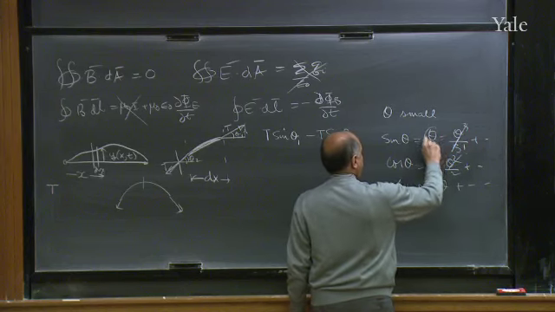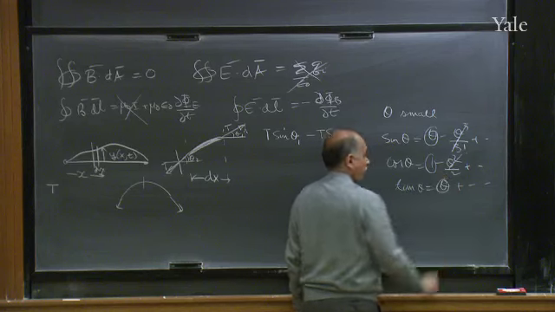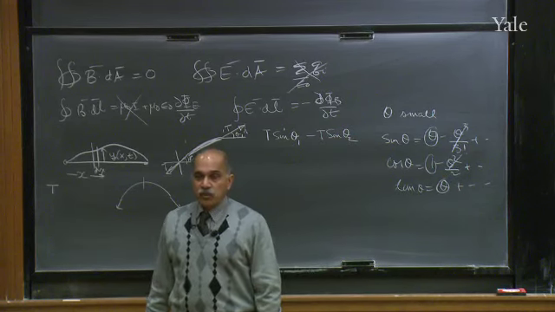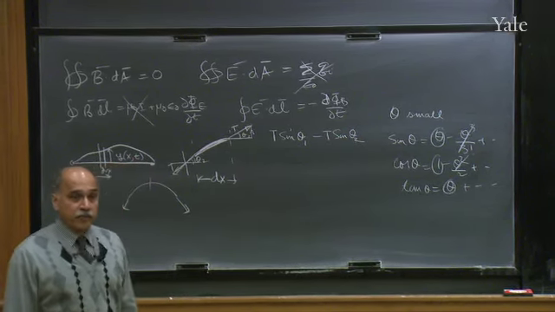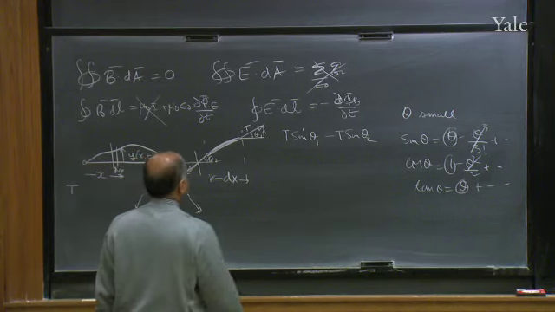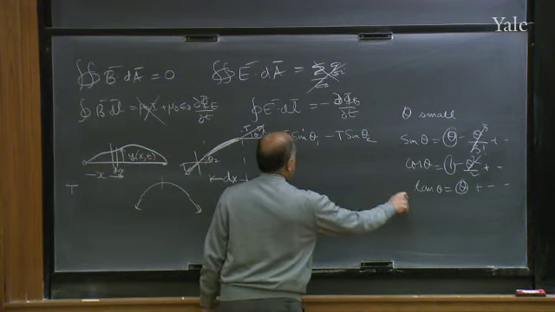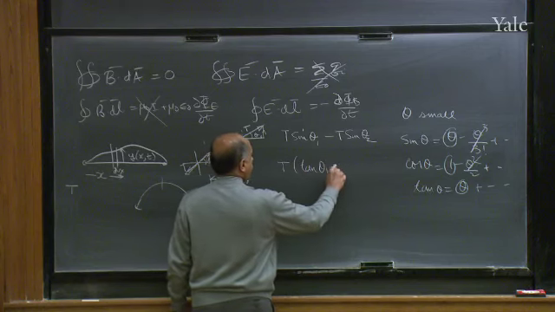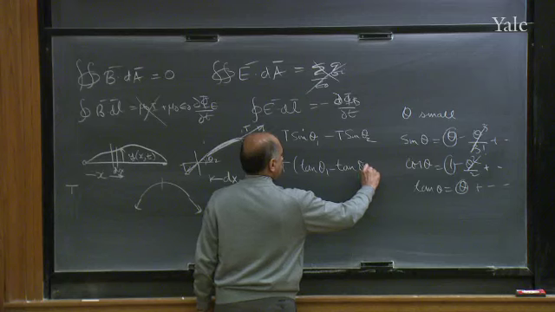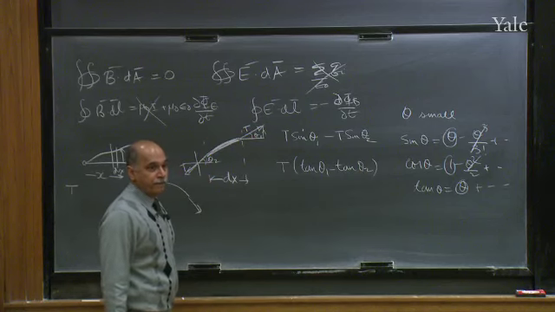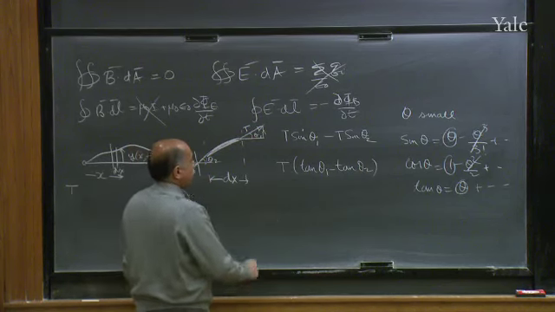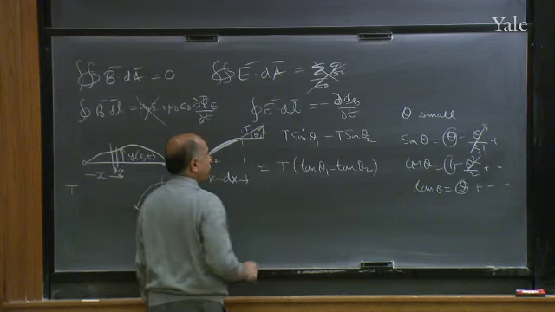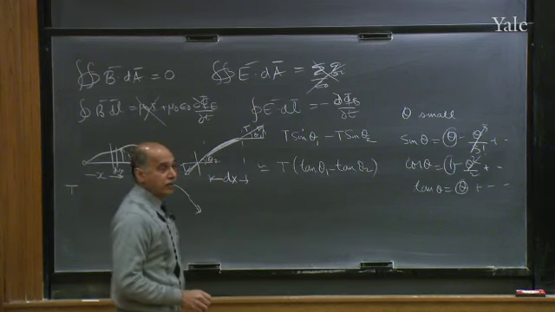You keep things of order theta in every equation. So for small angles, cosine is just 1, and sine theta is theta. If you do that, and sine theta and tan theta being equal, I can write it as tan theta 1 minus tan theta 2.